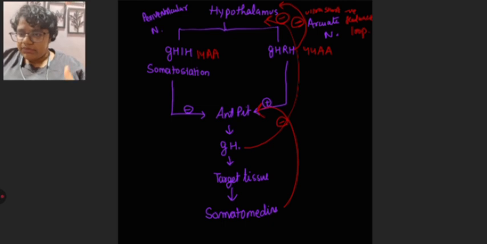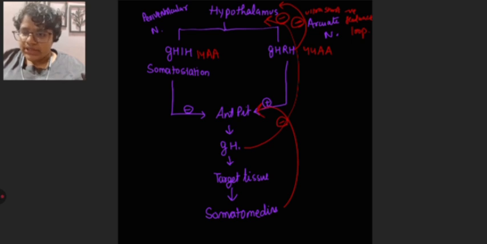Also, if we have to inhibit something, let's say growth hormone, the very first thing we can do is inhibit the organ producing it. We can withhold stimulatory signals to it, or we can promote the inhibitory substance, or promote its antagonist. The promotion of inhibition is ultimately inhibition.